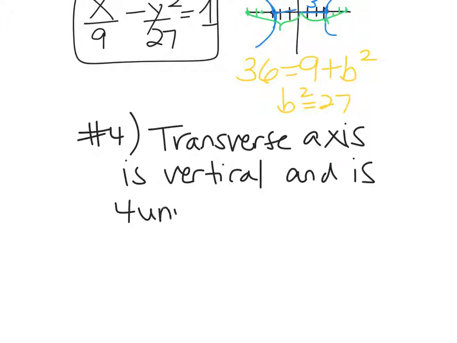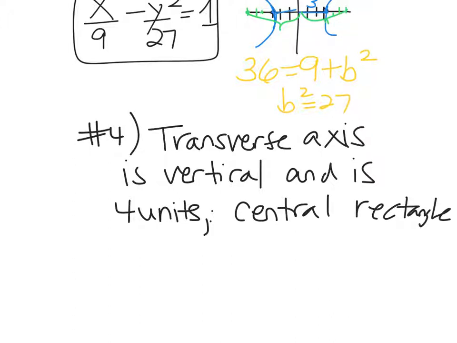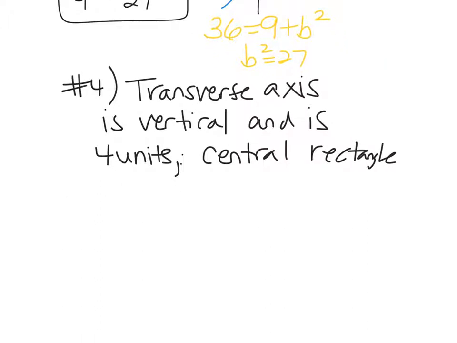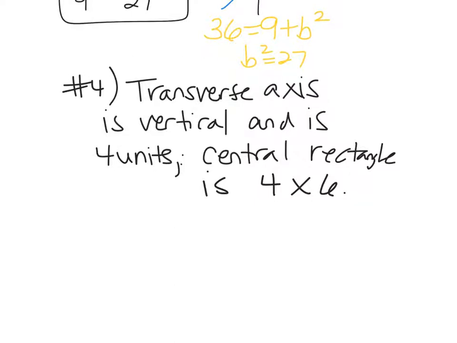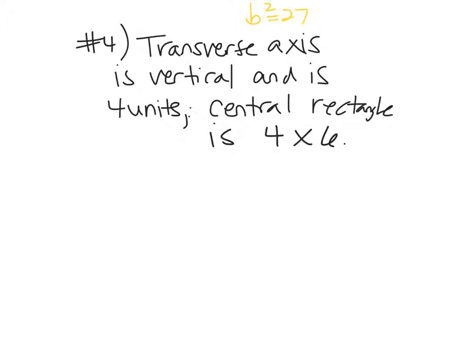Okay, we'll talk about what that means in just a minute. And then it says that the central rectangle, remember those rectangles that you drew to graph these things yesterday? Okay, then you did the problems wrong. All right, the central rectangle is a 4 by 6. And we have to come up with the equation.